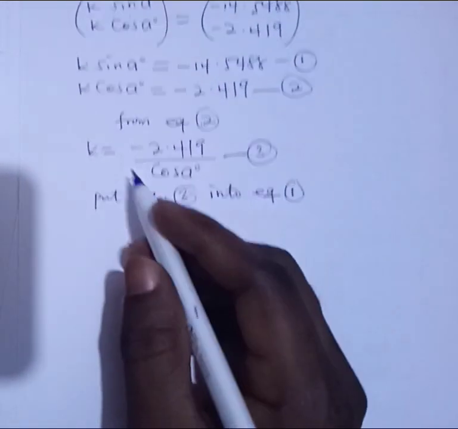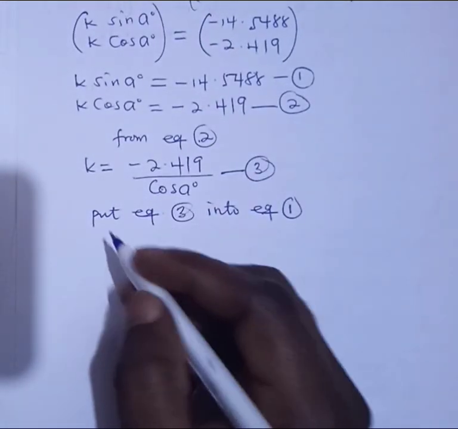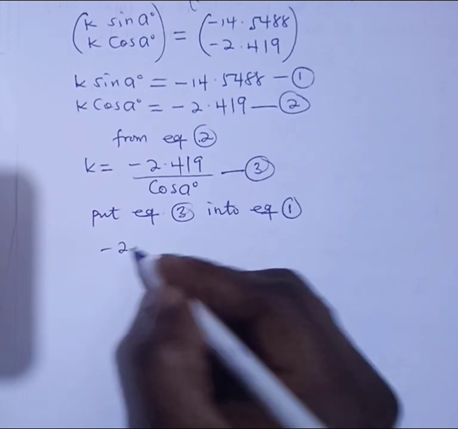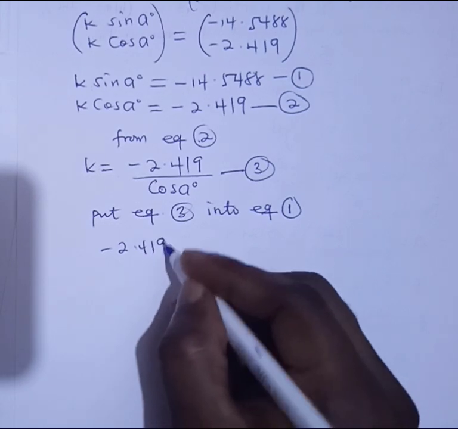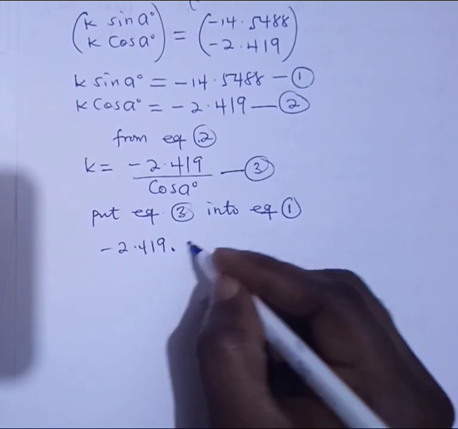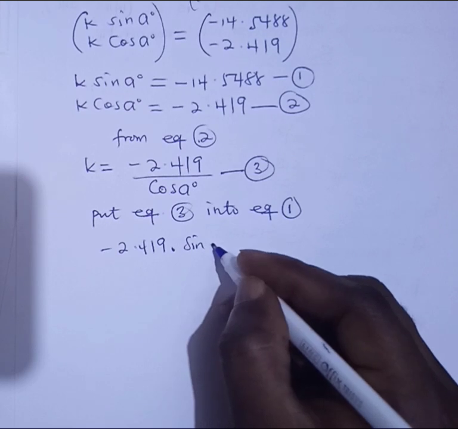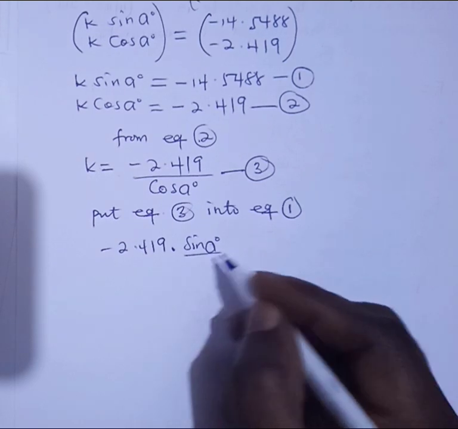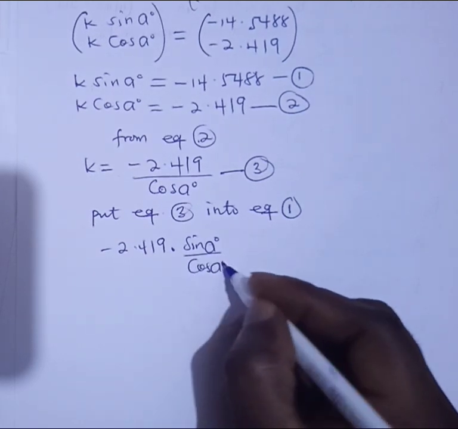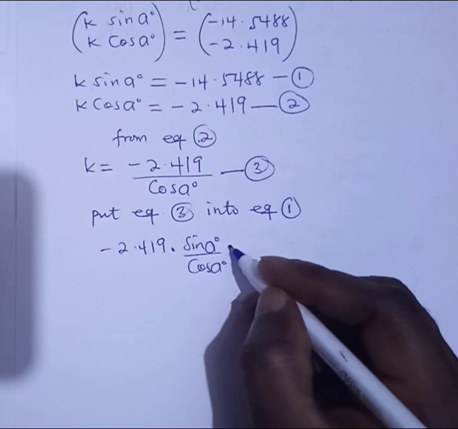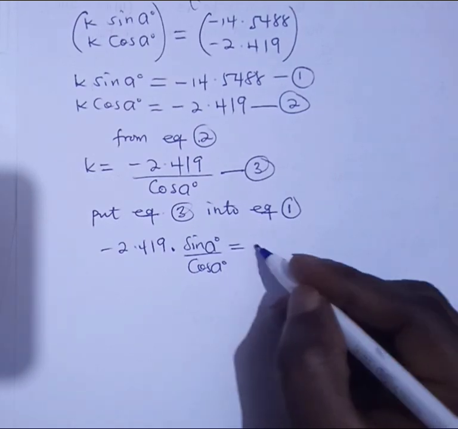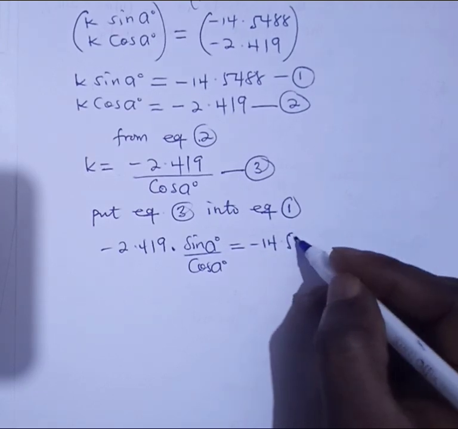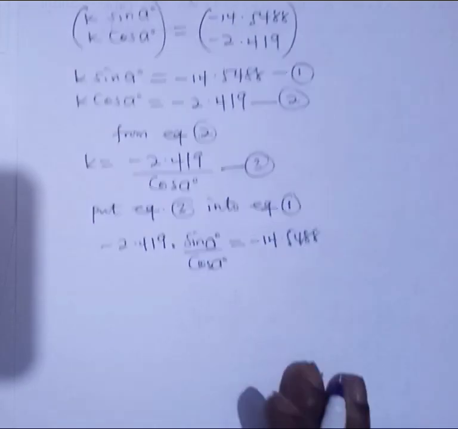So we can write this as negative 2.419 dot sine a degrees divided by cos a degrees, which is equal to negative 14.5488.